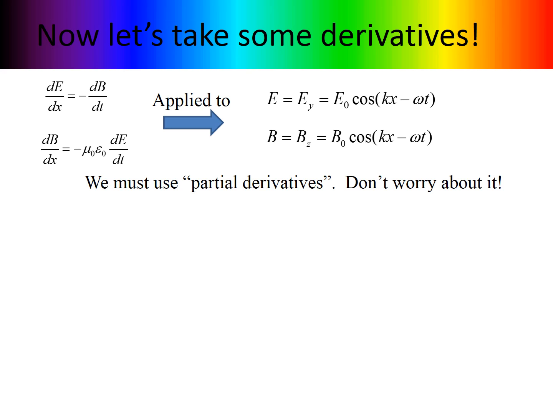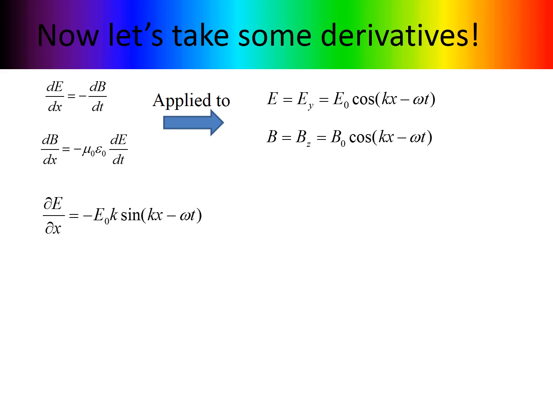If I wanted to take the partial derivative of E with respect to x, it would give me negative E sub 0 sine(kx minus omega t) times k, which is the constant in front of x. So notice that we treat t as a constant here. So dE/dx gives us negative E sub 0 k sine(kx minus omega t).